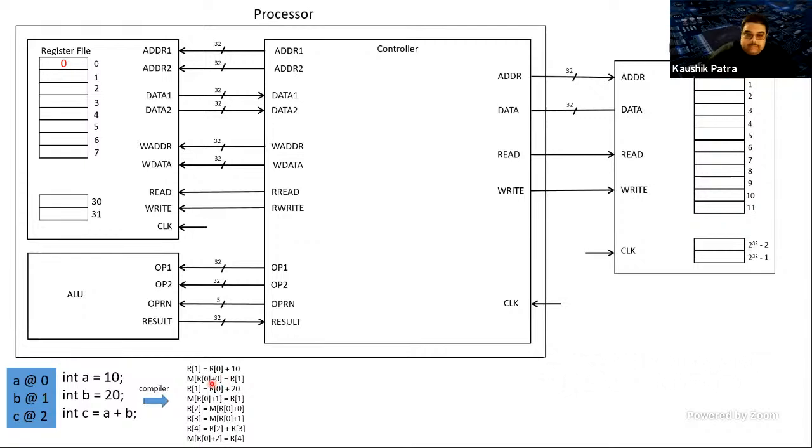In this system R0 is 0; I'll come to that in a little bit, it's a special register. But the R0 value is 0. So I am really accessing memory address 0 plus 0 equal to 0. The memory address 0 is what I want to access here.